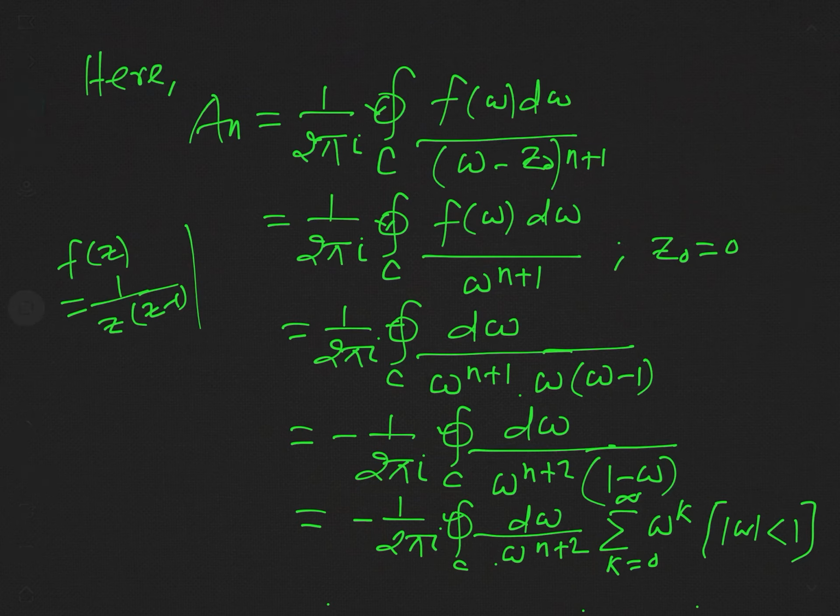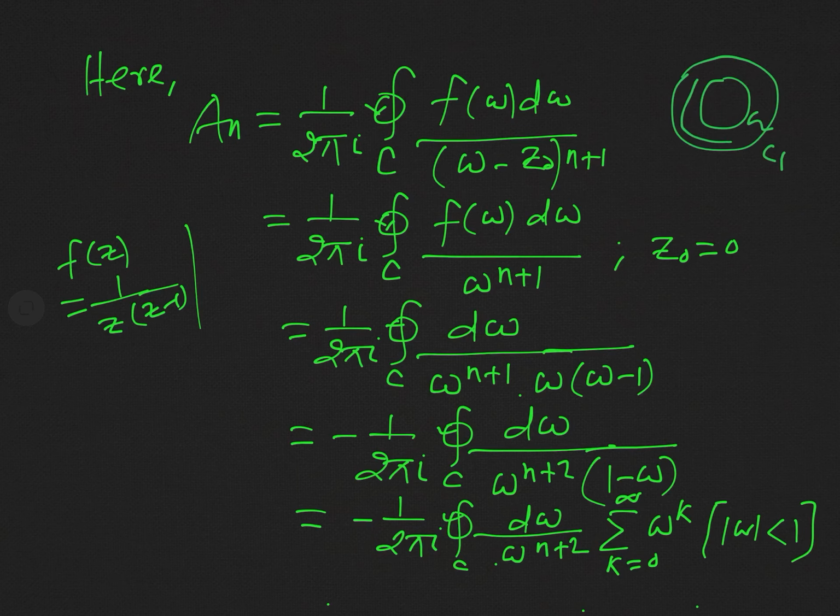Now we know the meaning of this coefficient a_n from the Laurent theorem: a_n is defined as 1 over 2 pi i times the integral along C. You know this C is the circle lying between the two circles C1 and C2.